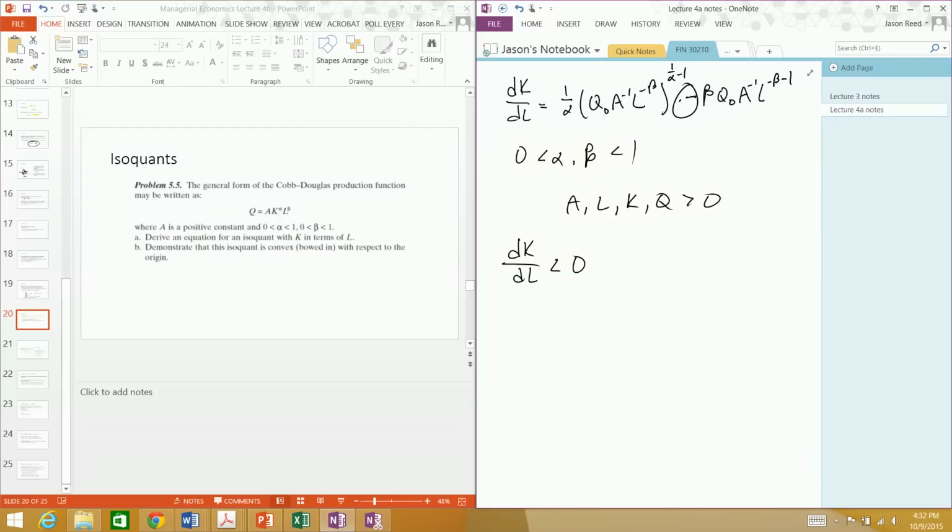So now we can take our second derivative, essentially.